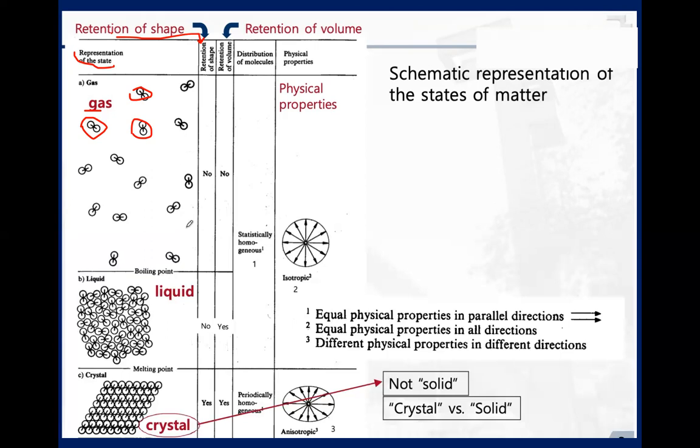And if you see the solids, what happens for the solids? They have shape, and also they have retention. They can show the retention of volume property as well. So retention of shape and retention of volume both are available for a solid.